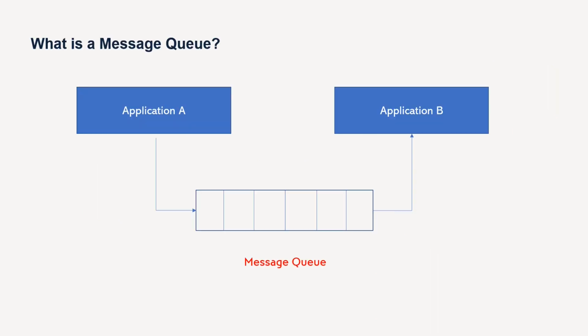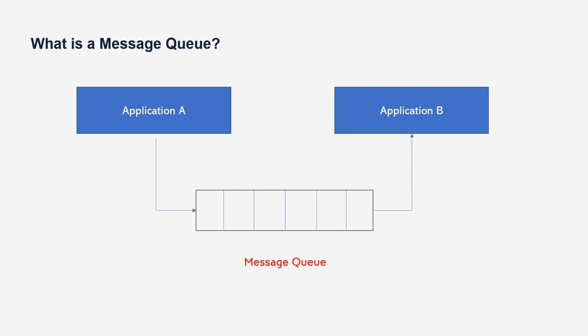So let us understand this with an example. Here we have two applications, application A and application B, and they are talking to each other using a message queue. A message queue is a kind of system component that receives messages from application A and sends them to application B so that it can process them.